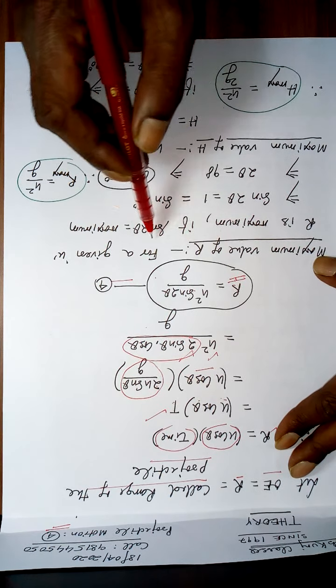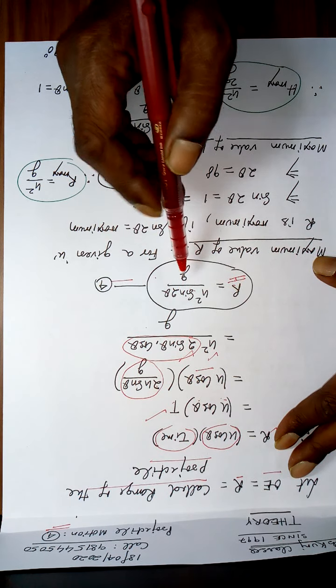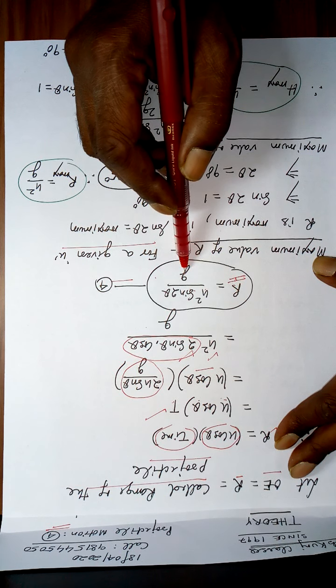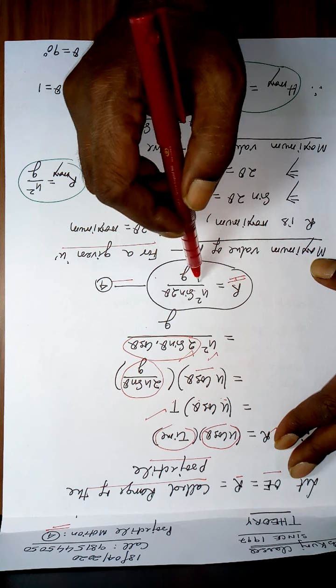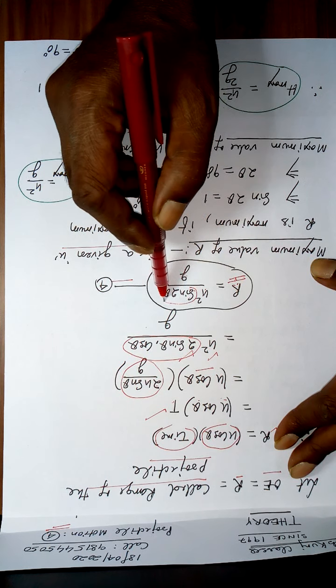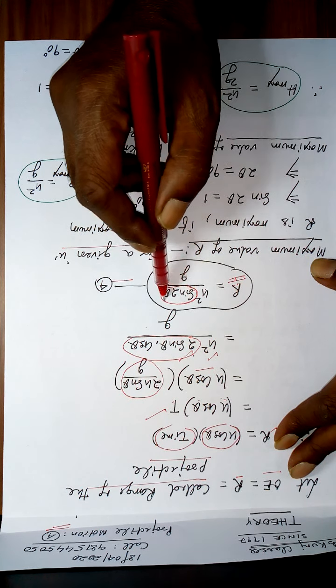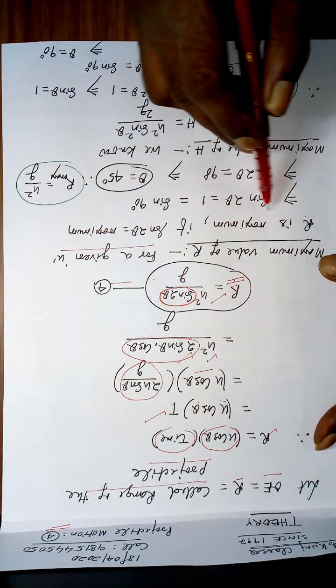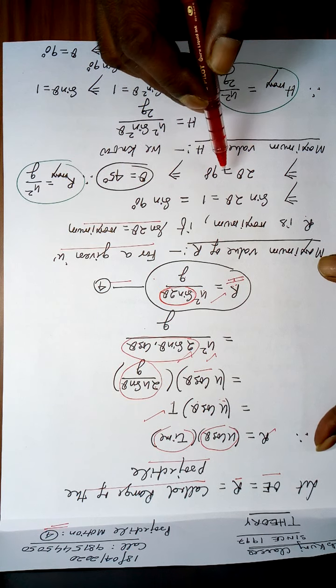Now what is the maximum value of R? For a given u, this is a fraction. If u is constant and g is of course constant, then this by this is a constant. So the value of R depends on sine 2 theta. So R is maximum if sine 2 theta is maximum.